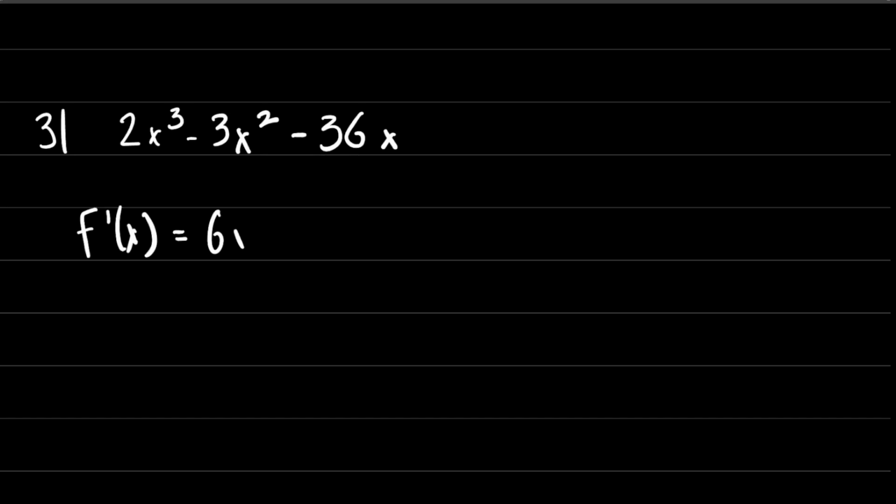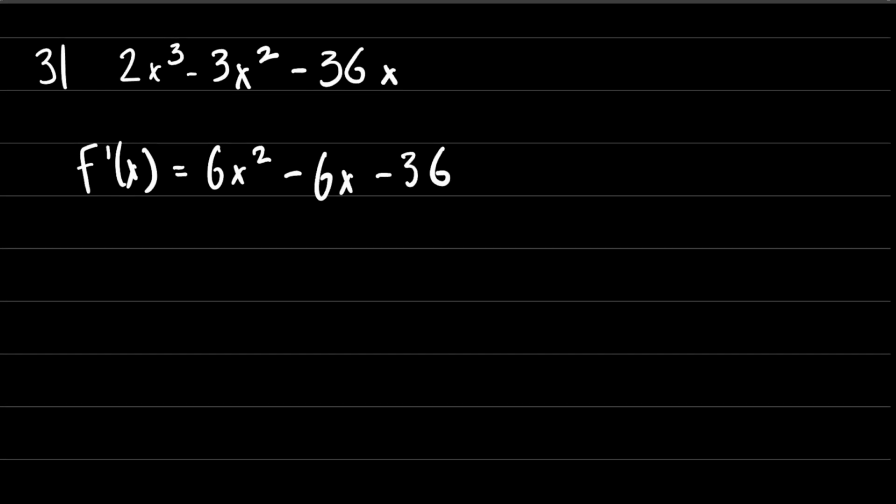Let's look now at question 31 from the textbook. We are given that 2x cubed minus 3x squared minus 36x is our f of x, which means that our f prime of x equals 6x squared minus 6x minus 36.